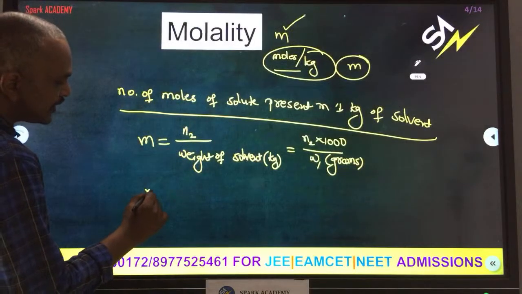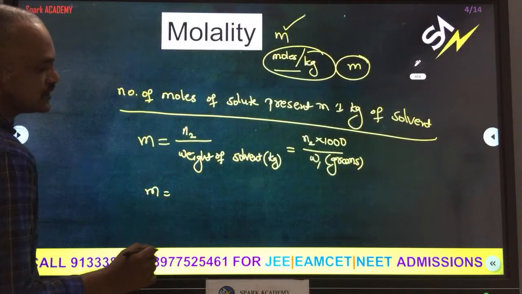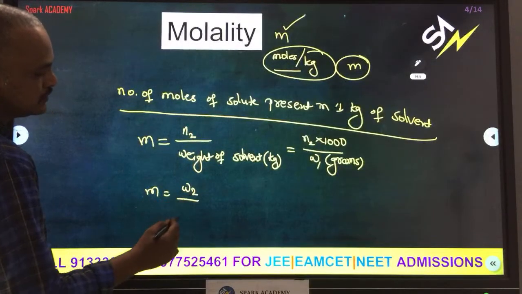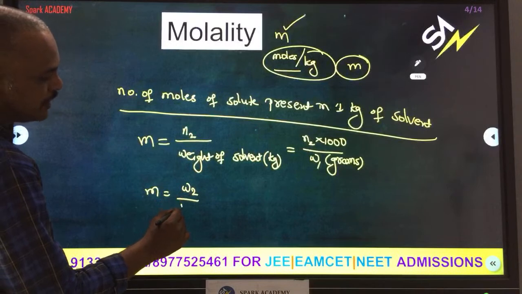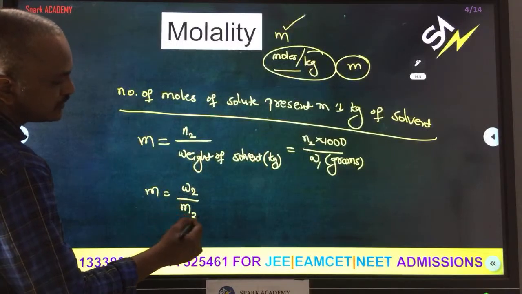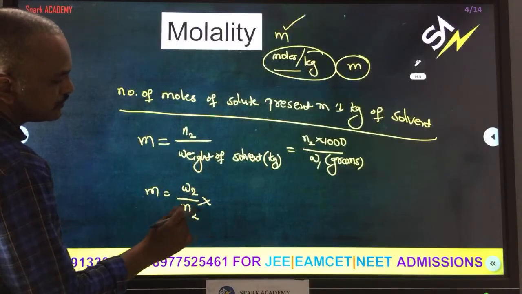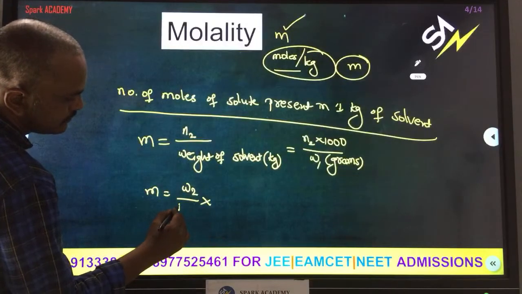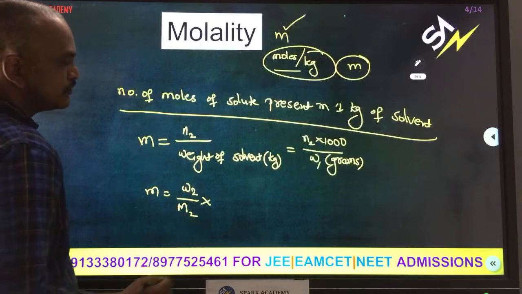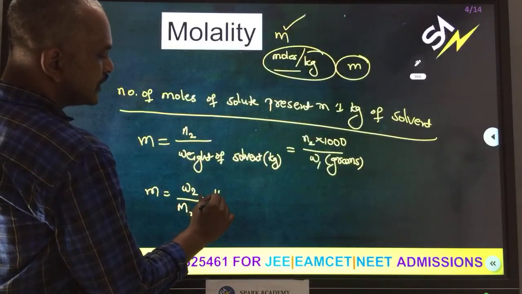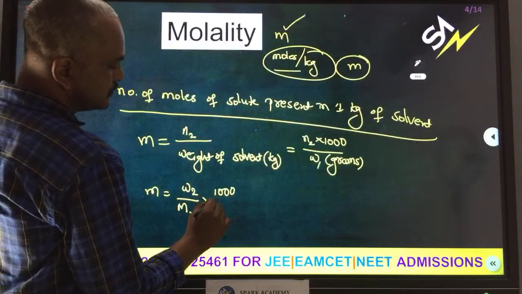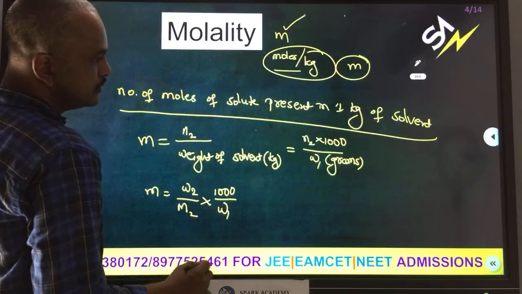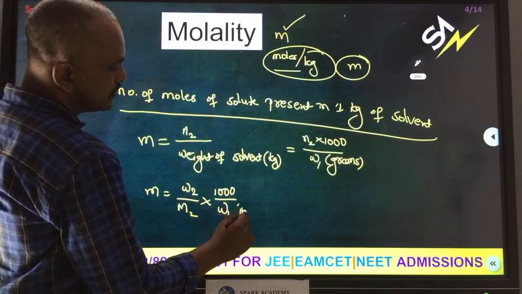So overall, including the number of moles, it is weight of solute by molecular weight of solute into 1000 by mass of the solvent in grams.